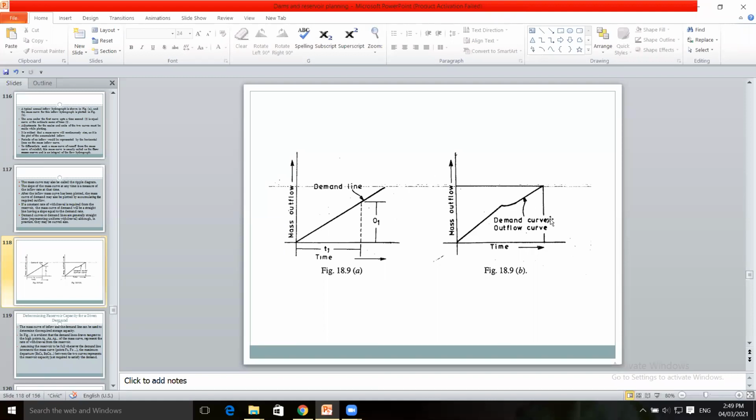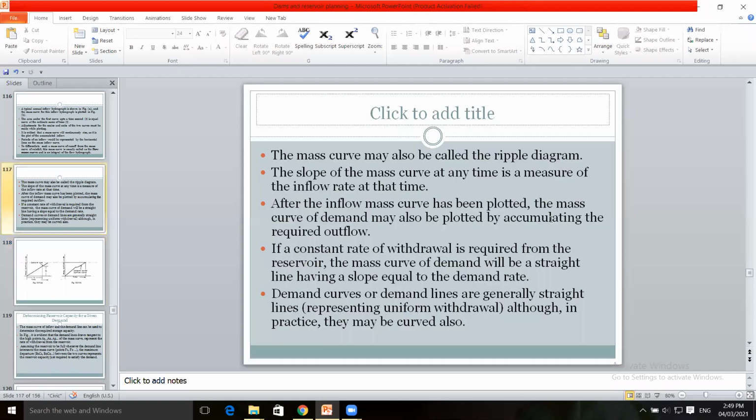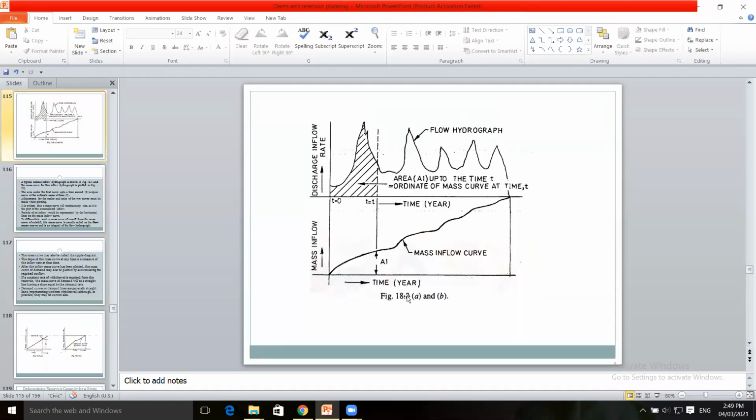This is the mass outflow curve, and the mass inflow curve is shown here. The graph between mass inflow, plotted on the y-axis, and time in years on the x-axis. This is the mass inflow curve. And त्याच्यावर काय?